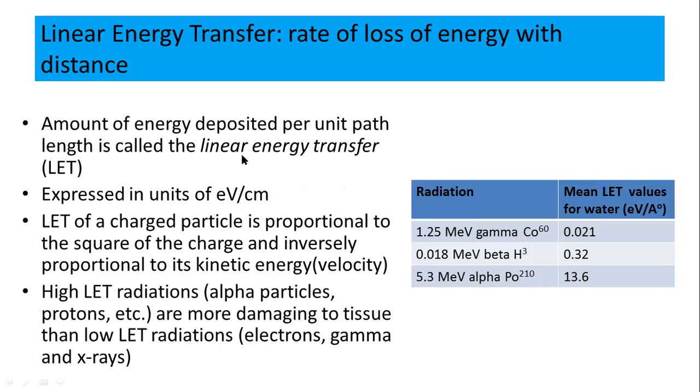That's why this is called the linear energy transfer, or the mean LET value, because here you can express it as energy per centimeter or energy per angstrom. This is the penetration path. It may be in centimeter, angstrom, millimeter, or whatever, depending on the length you take to compare the penetration power of the radiation.